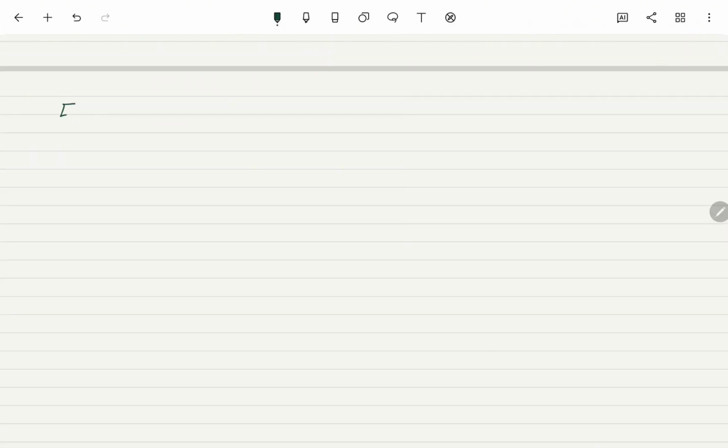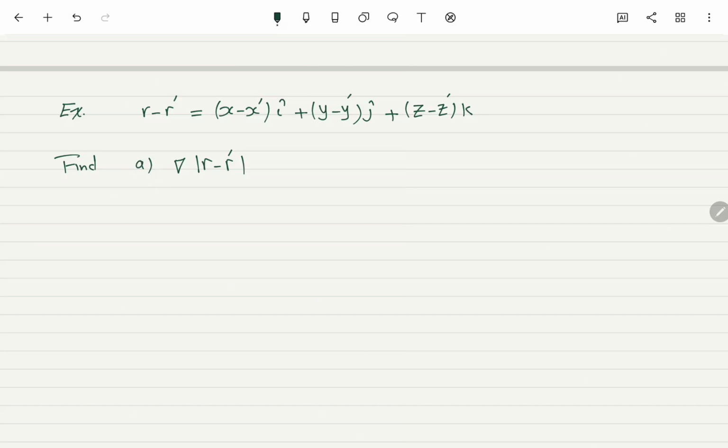Let's have another example. If you have a vector r minus r prime equal to (x minus x prime) i plus (y minus y prime) j plus (z minus z prime) k, find A, gradient of the magnitude of r minus r prime, and B, find gradient of 1 over the magnitude of r minus r prime.